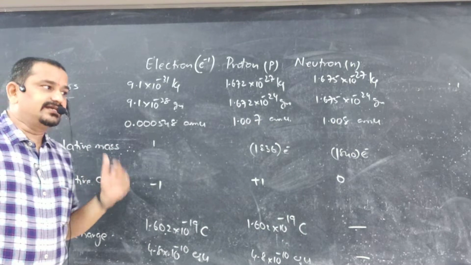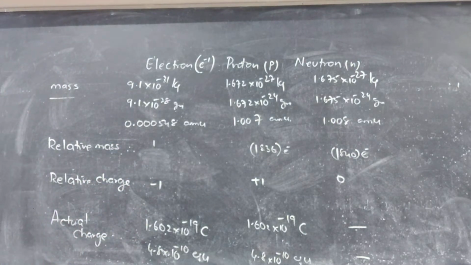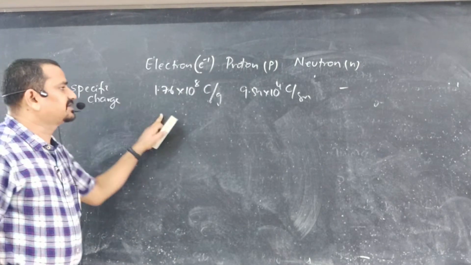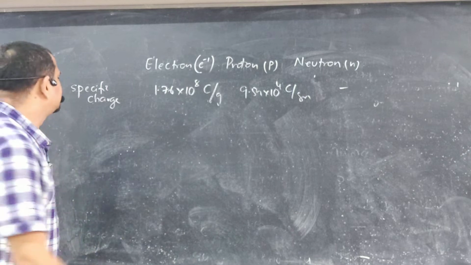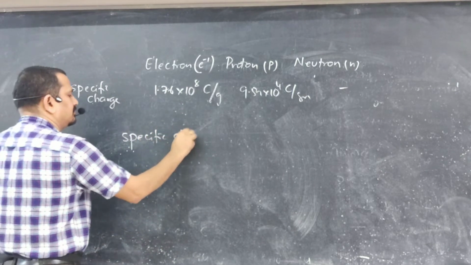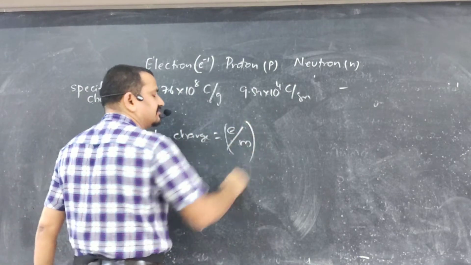Now let us study their specific charge also. So these are the specific charges of electron, proton and neutron. See, specific charge is nothing but the ratio of charge to mass value.